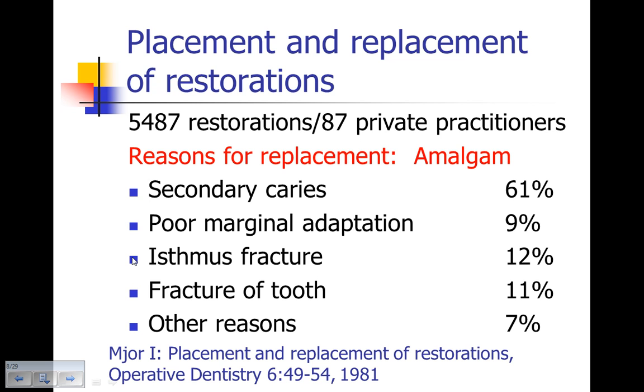The restoration itself fractured. 11% were due to the tooth fracturing, and 7% were other reasons. So it gives you an idea why amalgam is typically replaced and treatment planned for replacement.